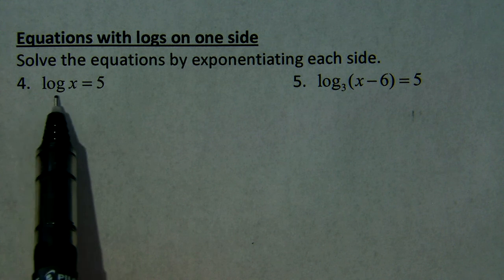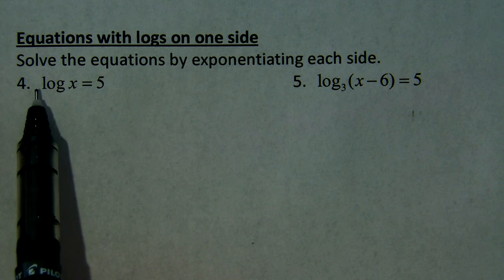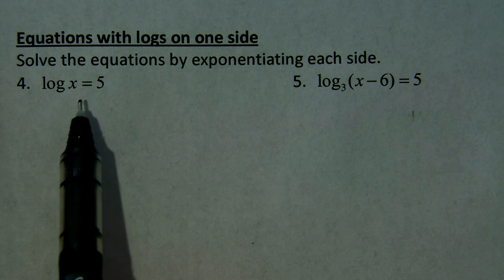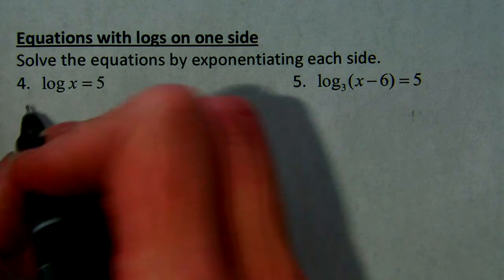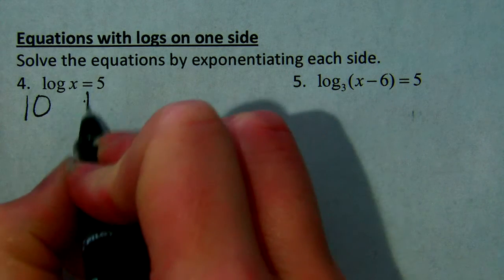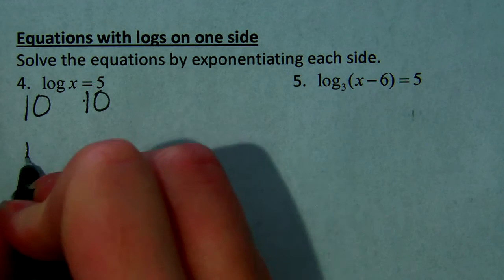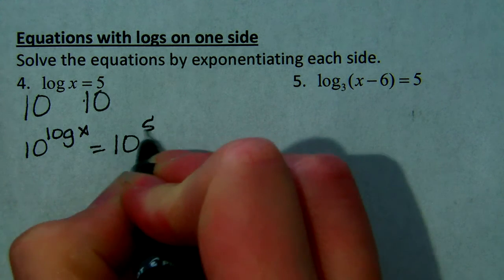Now, my log is completely alone. I don't have a +3 or a -5 or a 2 hanging out in front. And so I can go ahead and exponentiate, and I'm going to use a base of 10 again because there isn't a base number here. And so I'm going to write a big 10 and a big 10. So this is 10 to the log of x is equal to 10 to the 5th.